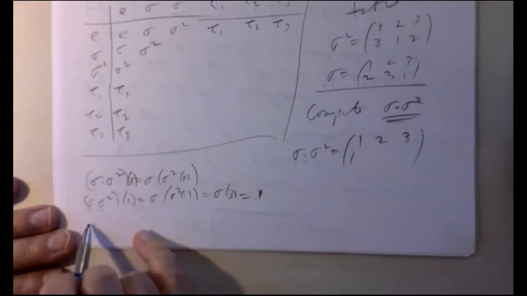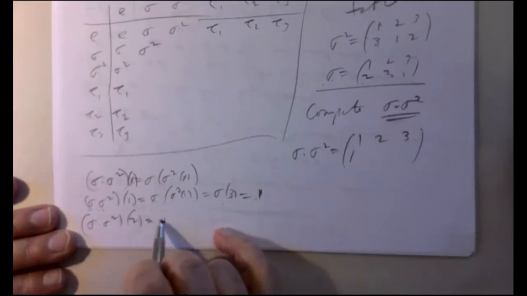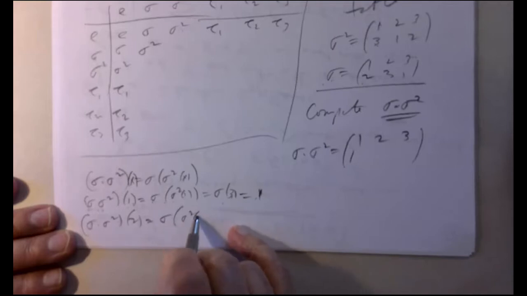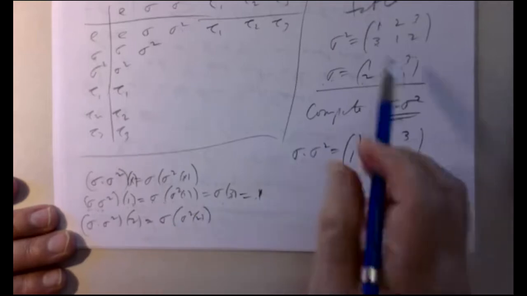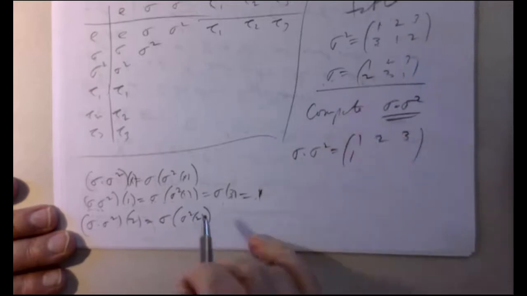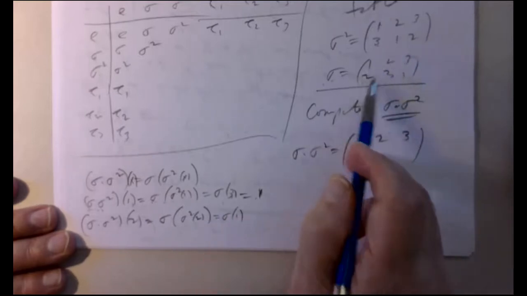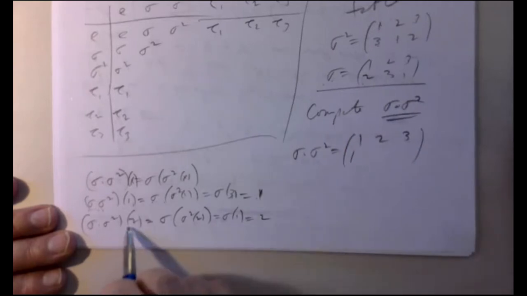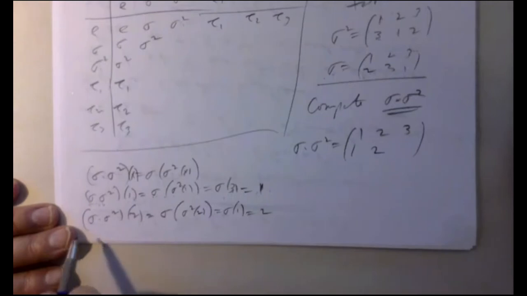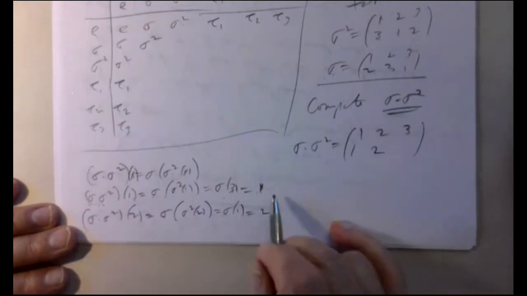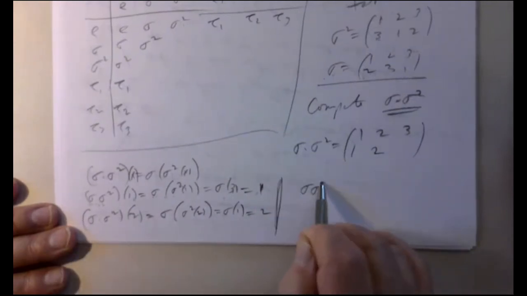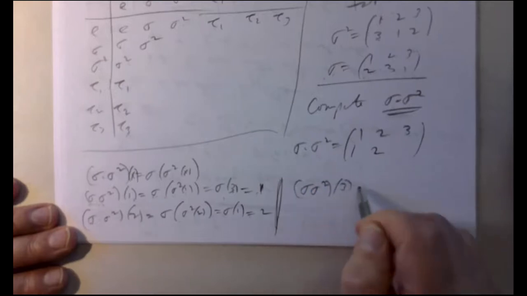Okay, questions about this? What's sigma times sigma squared of 2? This means sigma applied to the number sigma squared of 2. Sigma squared of 2 is 1, so this is sigma of 1. Sigma of 1 is 2, so 2 goes to 2. What is sigma sigma squared of 3?